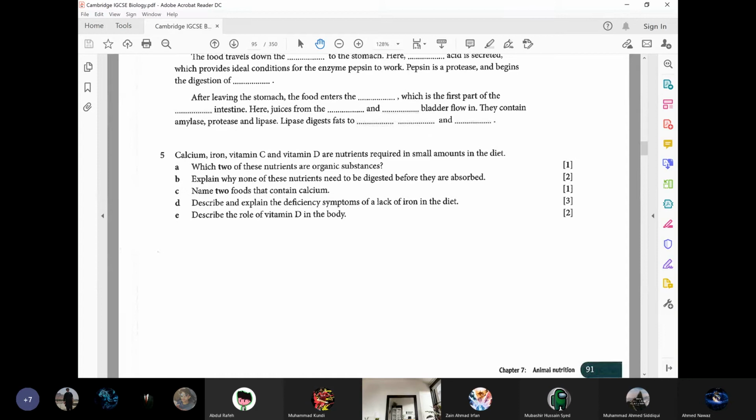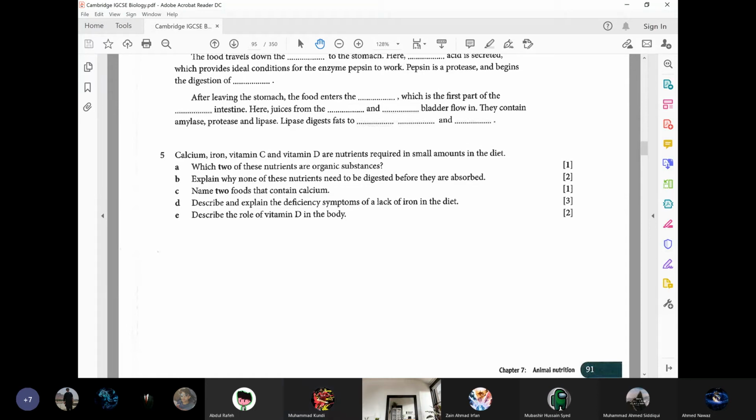The next question: explain why none of these nutrients need to be digested before they are absorbed. Why is there no requirement for digestion of calcium, iron, vitamin C and vitamin D? Because they are already in molecular form.